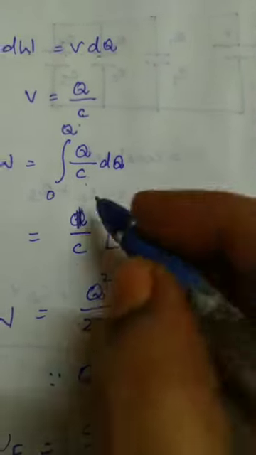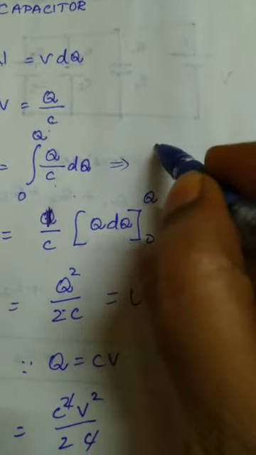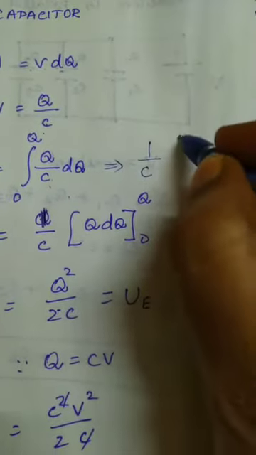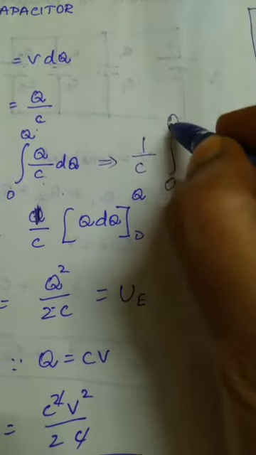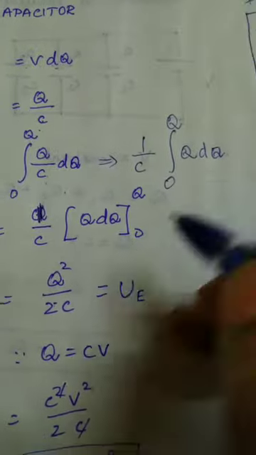So inside the integral, we can put it as 1 by C, integral 0 to Q, Q into dQ, right?